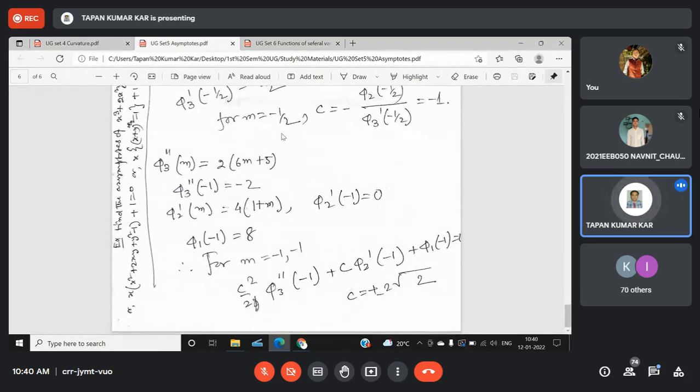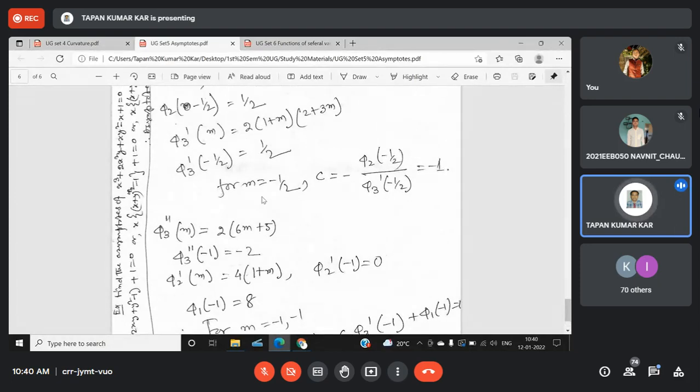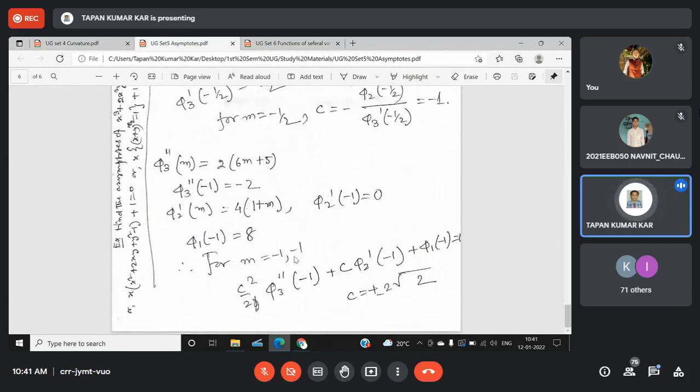For m equal to minus 1, the usual formula c equal to minus phi n minus 1 m by phi n dash m has a zero denominator. So for m equal to minus 1, this formula is used: c square by 2 phi 3 double dash minus 1, plus c phi 2 dash minus 1, plus phi 1 minus 1 equal to 0, c equal to plus minus 2 root 2.